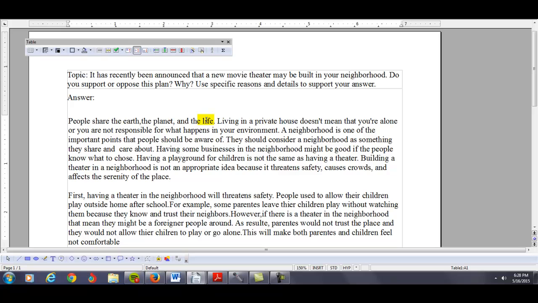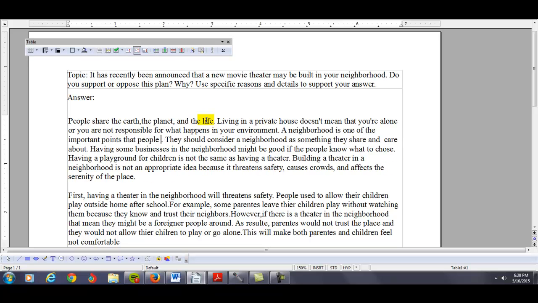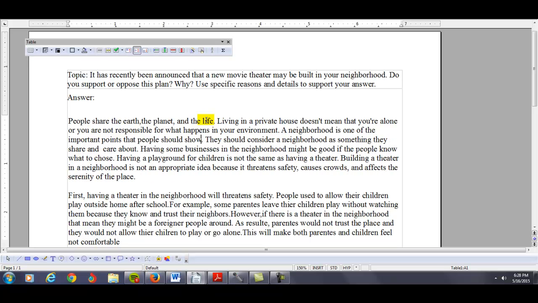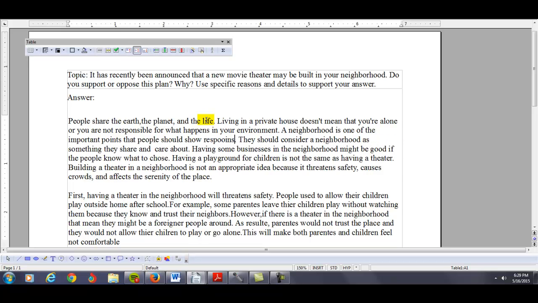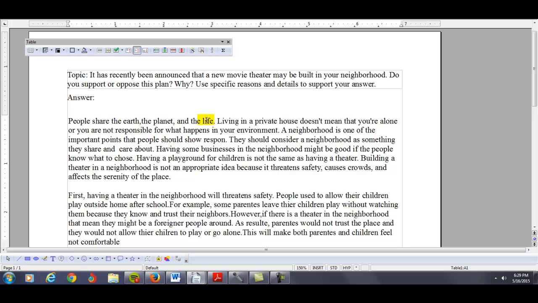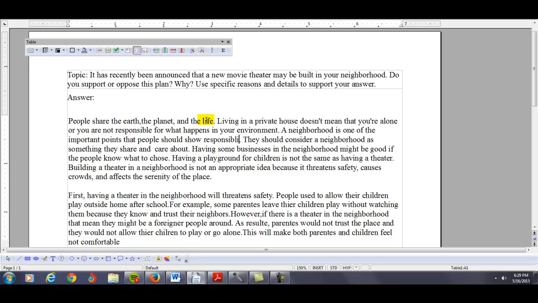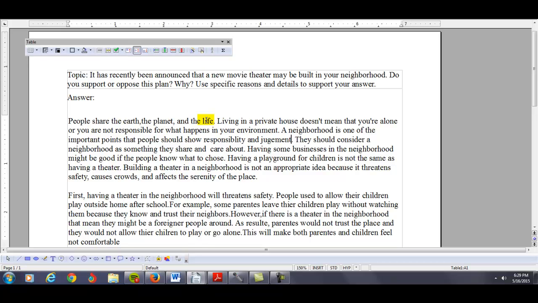So neighborhood is one of the important points that people, instead of saying should be aware of, should show responsibility and maybe judgment.